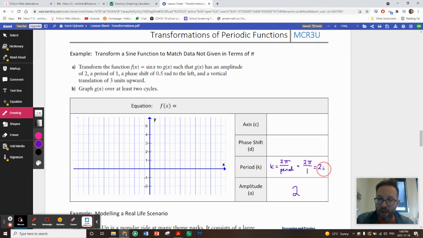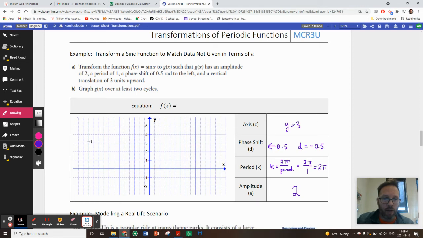And so our value for k is actually going to be 2 pi. What's our phase shift? 0.5 to the left will correspond to a value for d of negative 0.5. And our axis, 3 units upwards, so our axis will be at y equals 3.